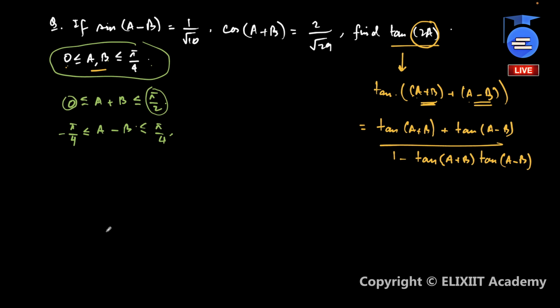Now, is this range still correct? We have found this range to be A minus B lying between minus pi by 4 and pi by 4. This is still not correct. The reason is here sine of A minus B is 1 upon root 10.